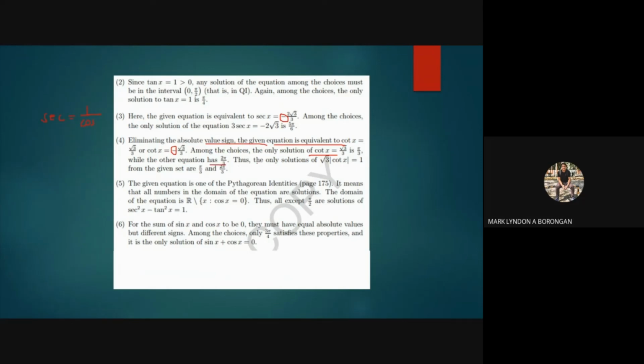Thus, the only solutions of the square root of 3 times the cotangent of x equal to 1 from the given set are square root of 3, pi over 3 and 2 pi over 3.